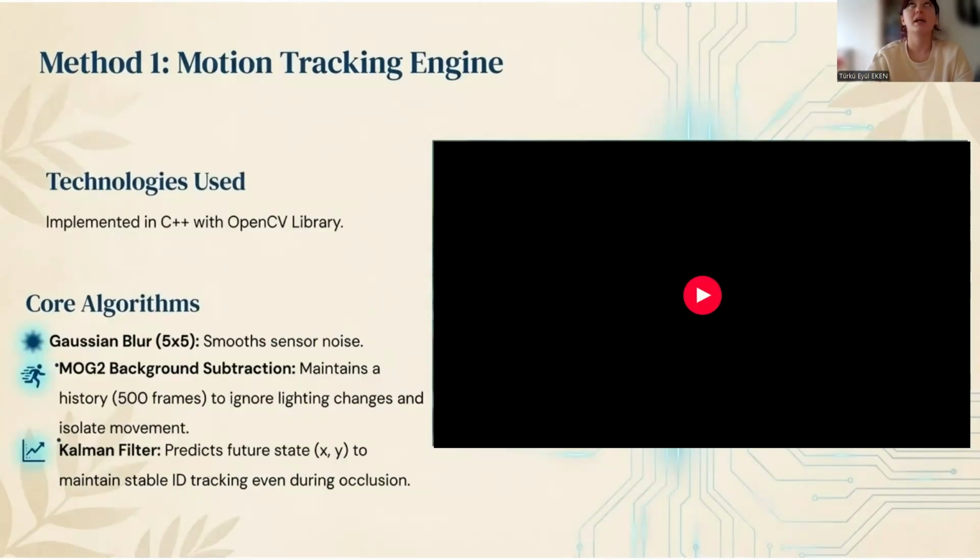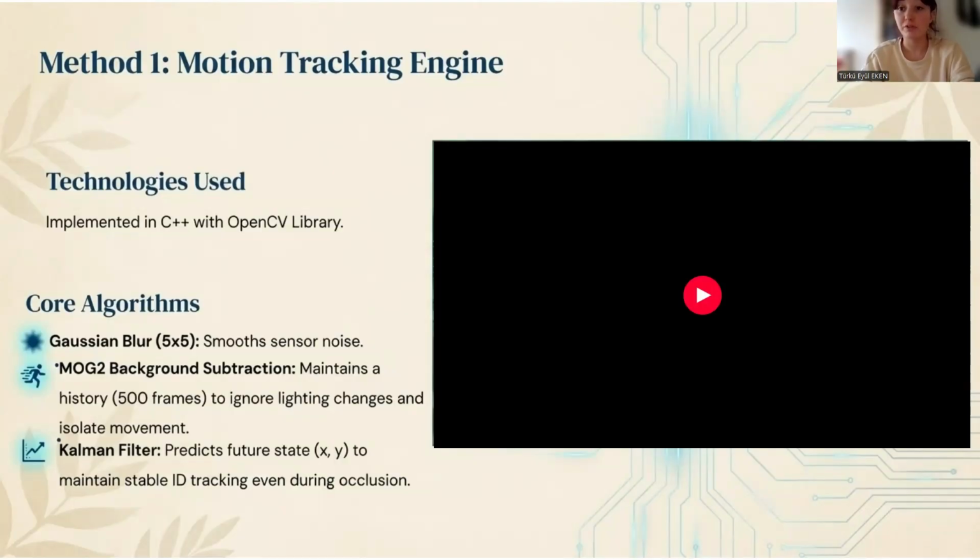Finally, I implemented the Kalman filter because I wanted to predict the future state of the insect so that I can have a stable ID even if the pest momentarily stops moving or gets blocked by a leaf.